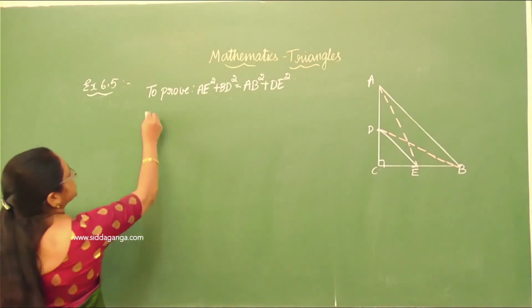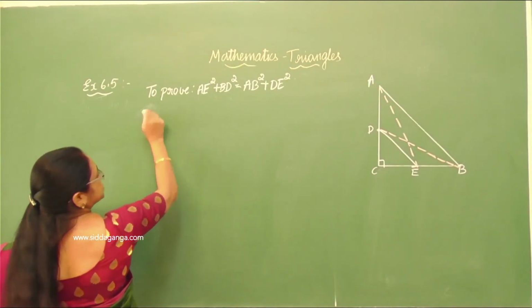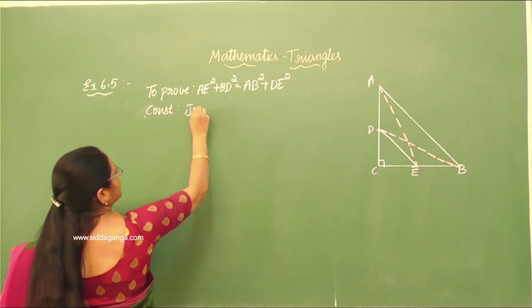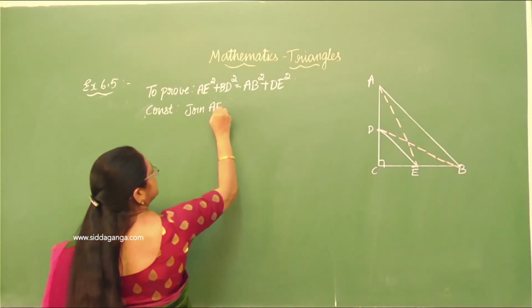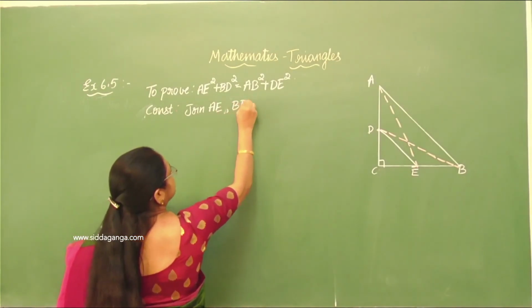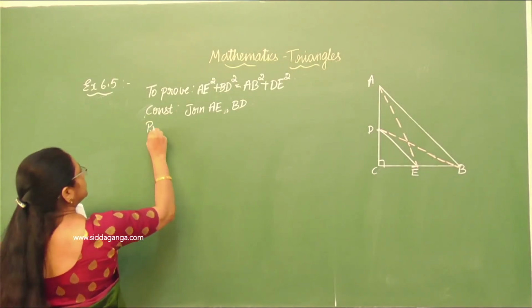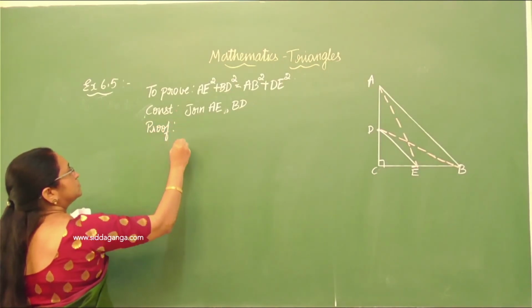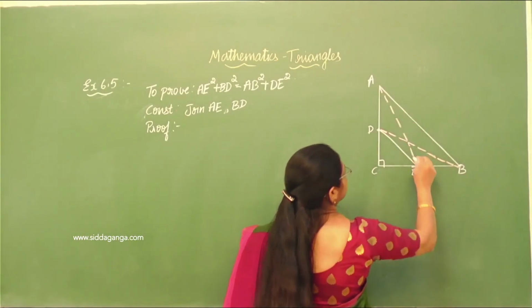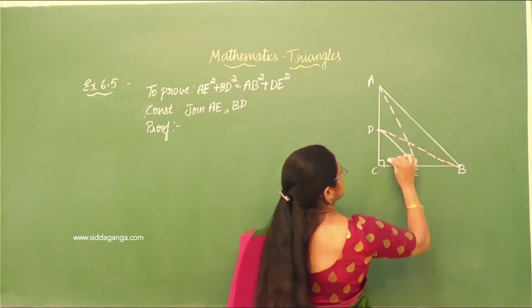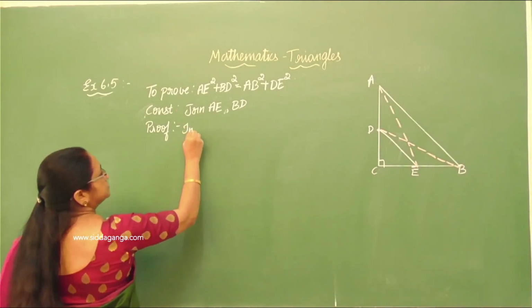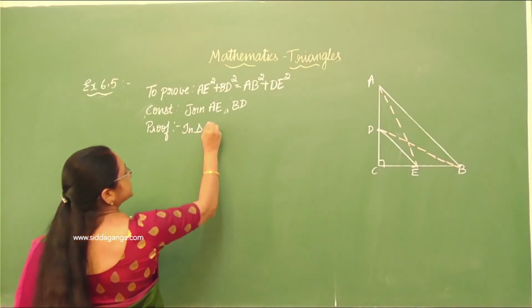By looking at the question, we can write the construction: join AE and BD. Now proof. AE square is involved in this triangle, in triangle ACE.